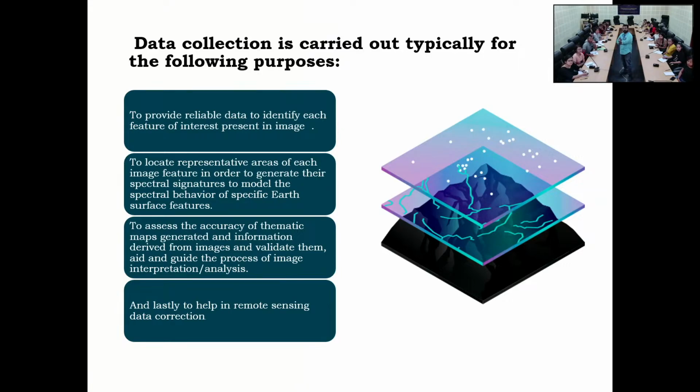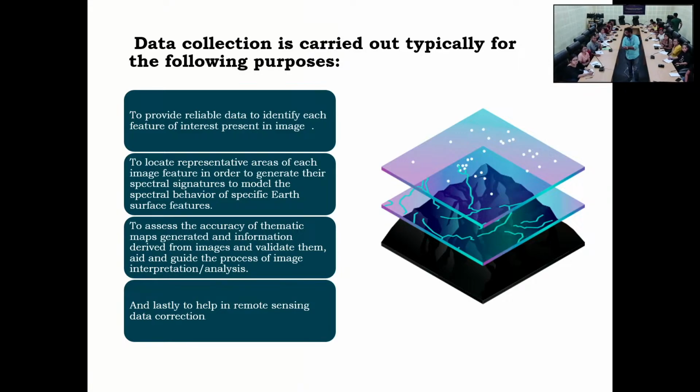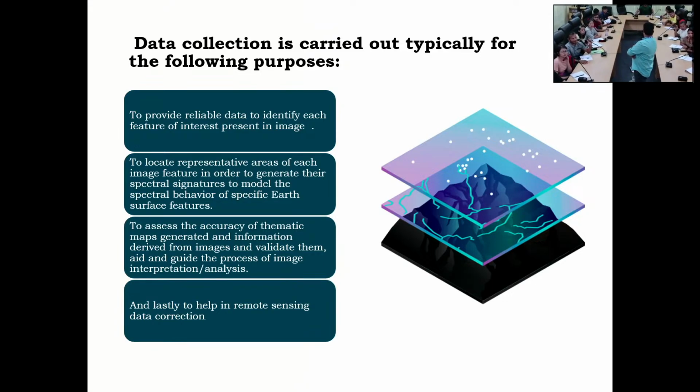To provide reliable data to identify each feature of interest present in image. What does that mean? Why have I written this line? Can anyone else explain what this line means?